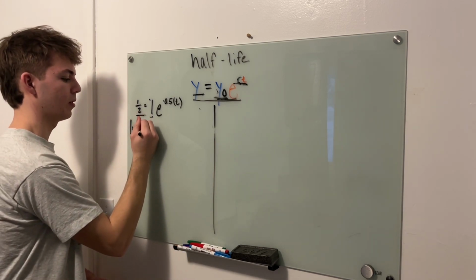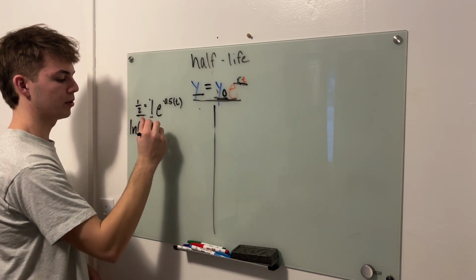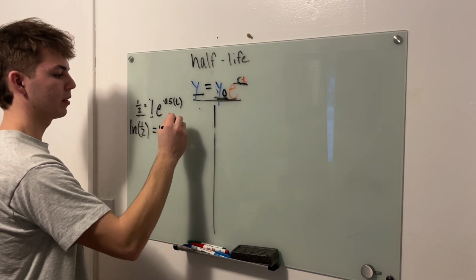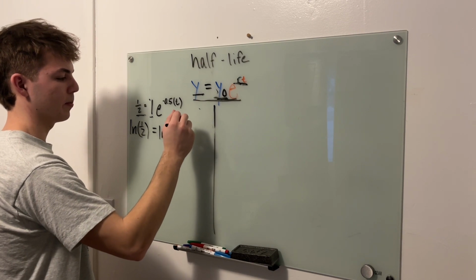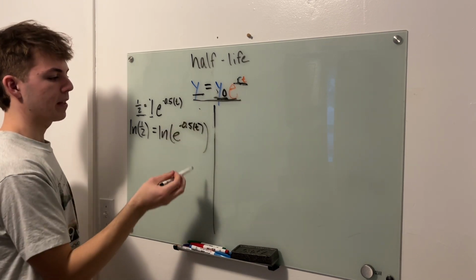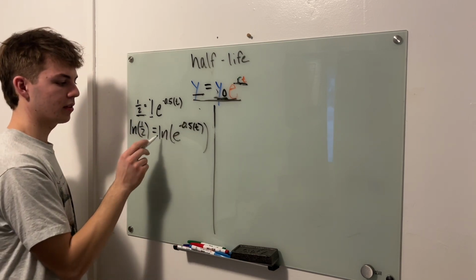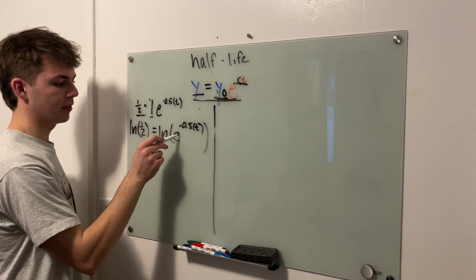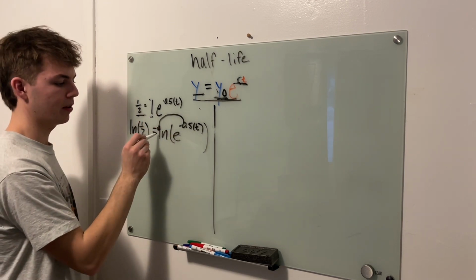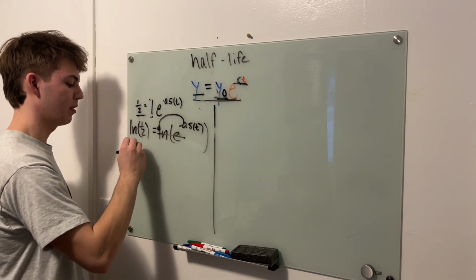And so natural log of 1/2 equals natural log of e to the power of negative 0.5 times t. And then we know basic log rules that once these cancel out, or we'll be able to put these in front. So I'm not going to write that right now, but these cancel out in the next layer.